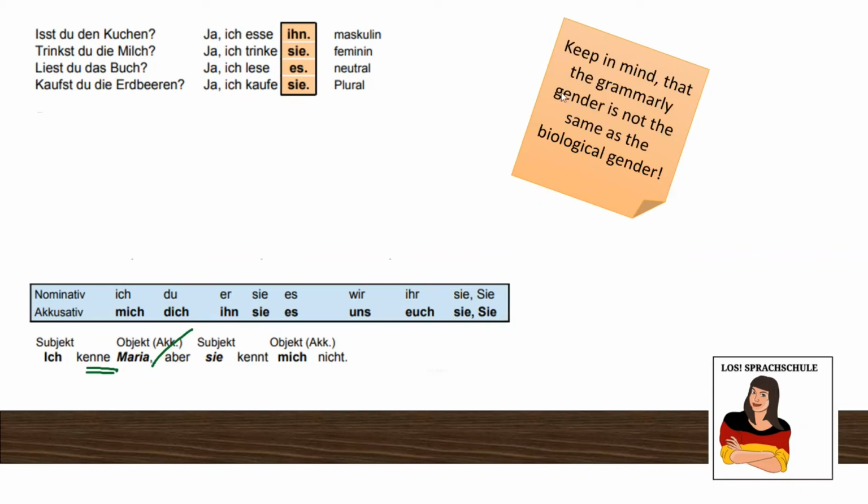So Maria became the subject. This is why we have sie in nominative, which doesn't matter in the sense that it's not obvious because sie stays the same, but still. And ich, the subject in the first part, becomes the object, which is mich. So this one is the important one because it is also visibly changed, you know? So you have to know if something is subject or object and how to change it.